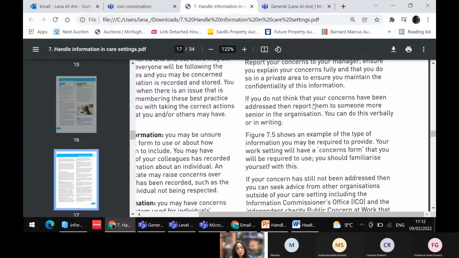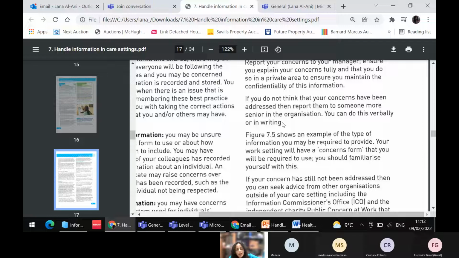If you do not think your concerns have been addressed, then report them to someone more senior in the organization. And this could be in writing, because you've spoken to your manager, but she's not really concerned about that.